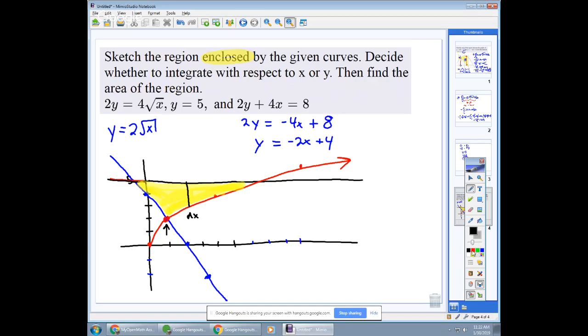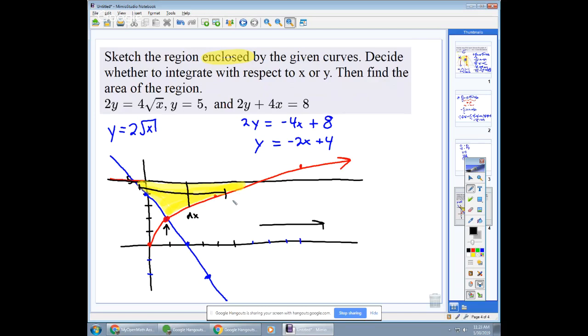If I decide instead to integrate with respect to y, then the red one is always on top, right? Because this is getting bigger for x, and the blue one's always on the bottom. So I could do that one in 1 integral. Okay. So let's do it both ways just for fun.